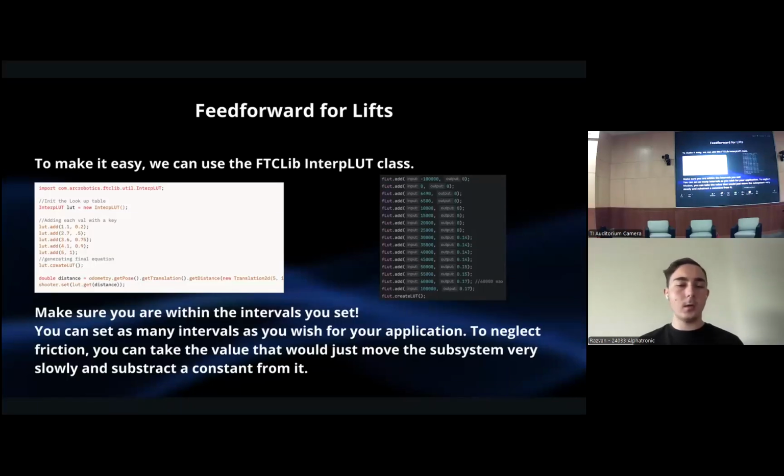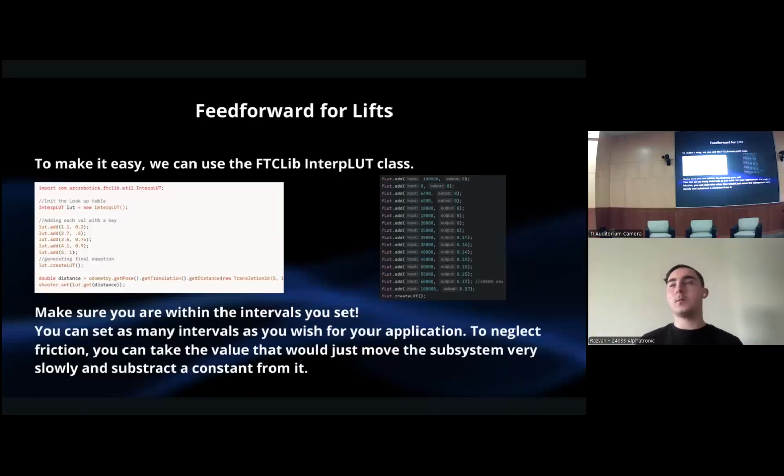So for a lift, what we did more or less is take, let's say, 10 heights or 10 intervals, and at every interval find a value that just moves the lift upwards by very little, and then subtract a constant from it.